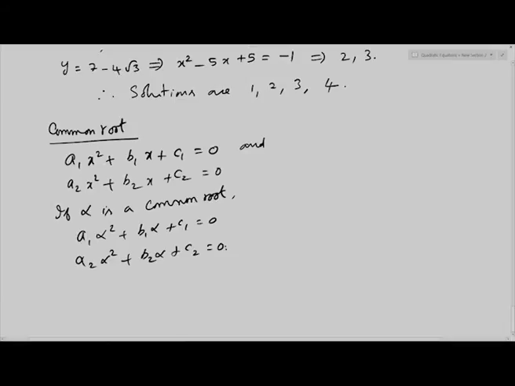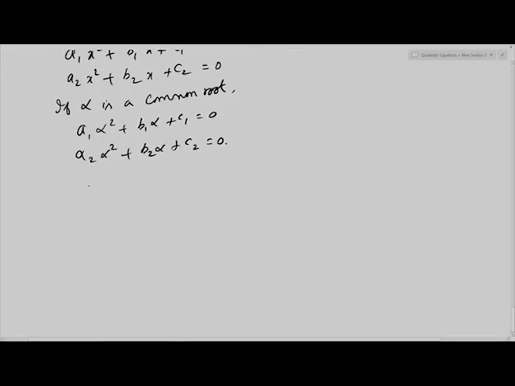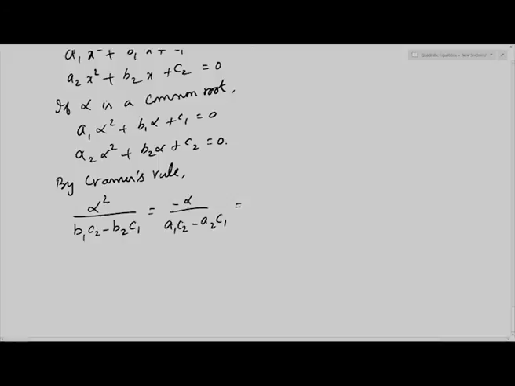Now, if we solve for this, by Cramer's rule, you have seen the condition like alpha square divided by b1 c2 minus b2 c1 is equal to minus alpha divided by a1 c2 minus a2 c1, is equal to 1 divided by a1 b2 minus a2 b1.